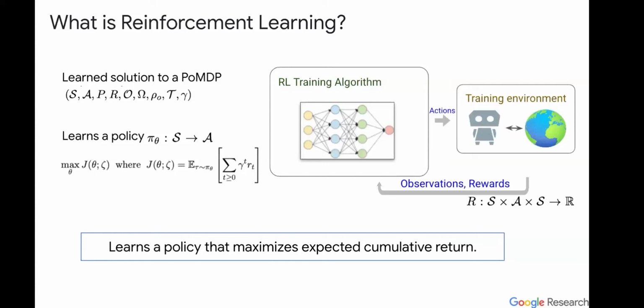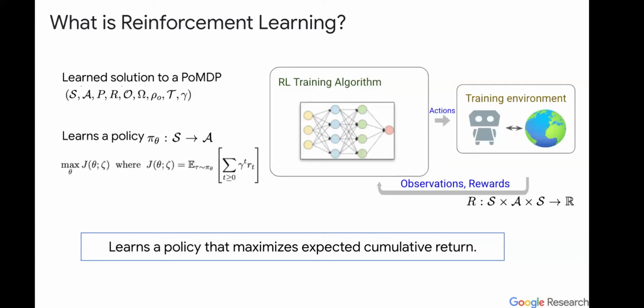The solution is a policy. It is a mapping or a function that takes an observation or a state and then returns an action or action distribution and so on. And we're after learning this policy. Out of all the policies that are parameterized with some theta, we're looking for the one that maximizes the cumulative reward that the agent sees.